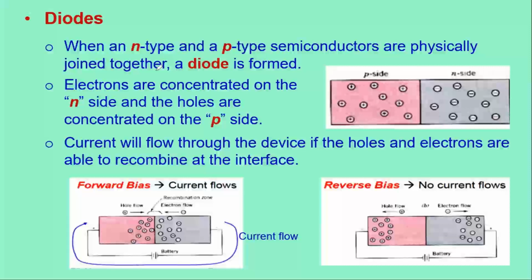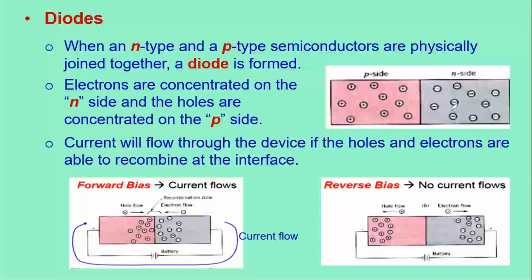When we form this PN junction, in essence, we don't take a positive semiconductor and join it to a negative one. In most cases, we just have one basic silicon crystal.